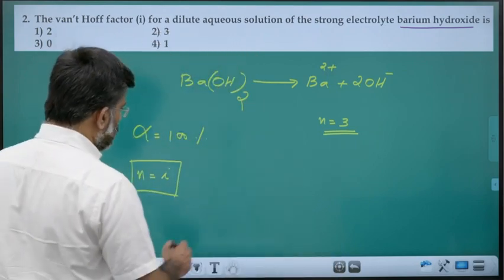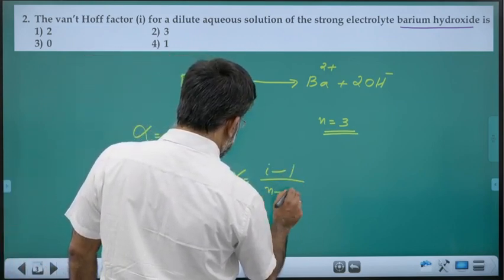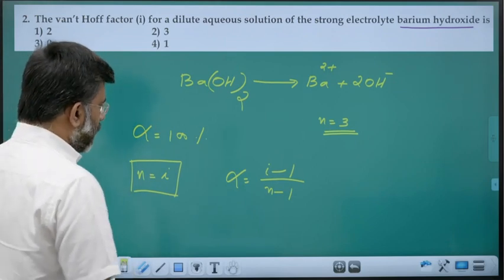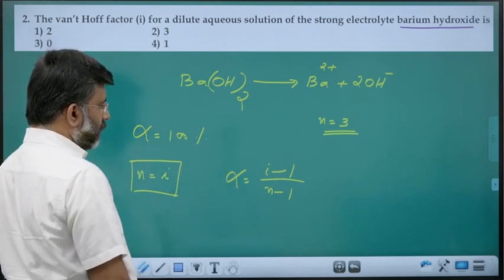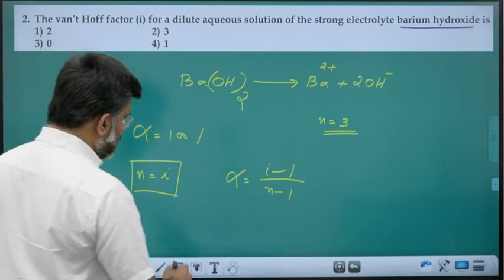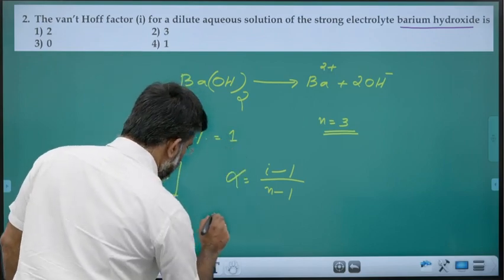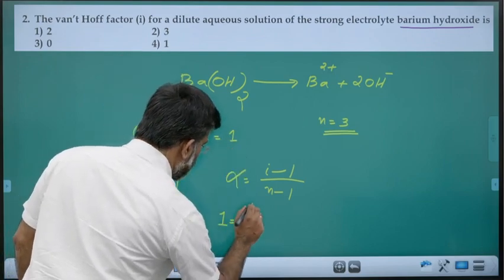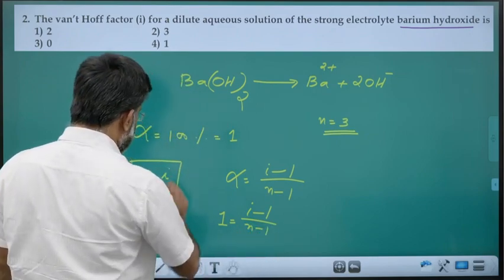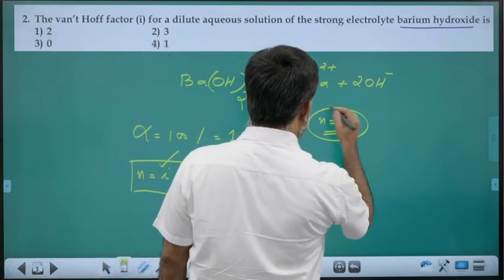You have been taught in the classes, alpha is equal to i minus 1 by n minus 1. And when alpha is 1, that is 100%, alpha equal to 1. That means you are getting 1 equal to i minus 1 by n minus 1. That is n is equal to i. That is n is equal to 3 here.